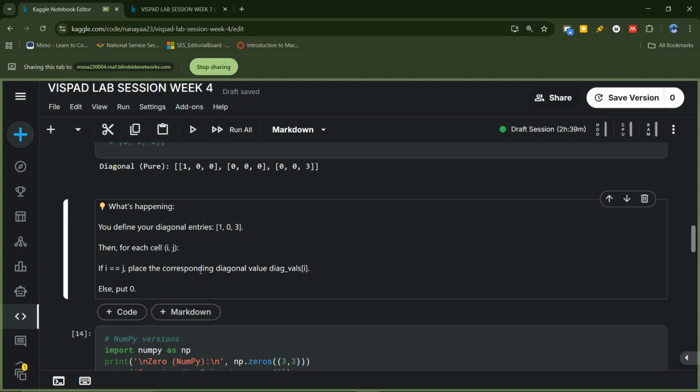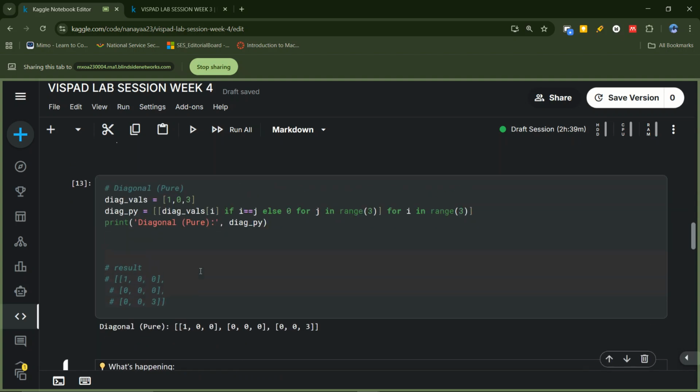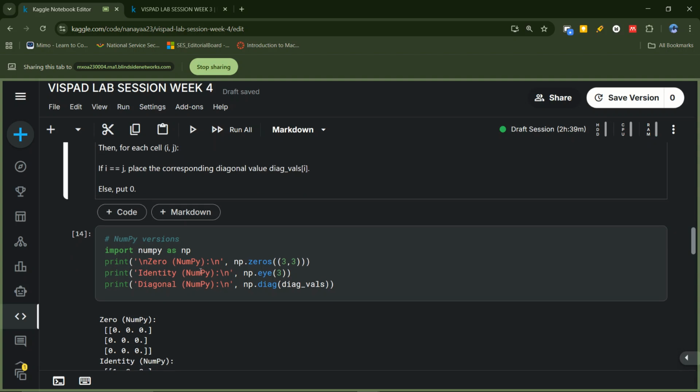Remember, if you have the square bracket and some number in there, it's trying to grab the position of that particular list. Okay, else put 0. That is basically what I've explained.